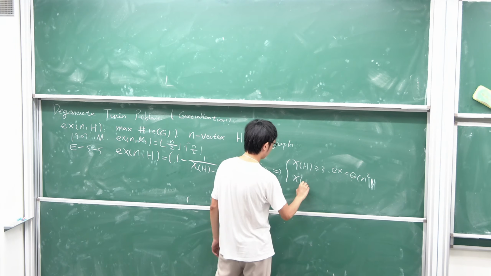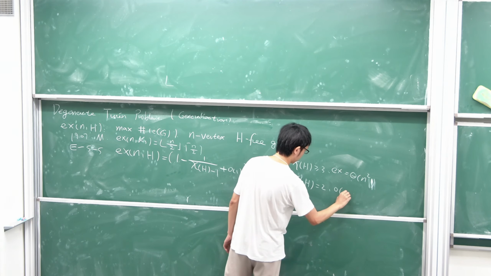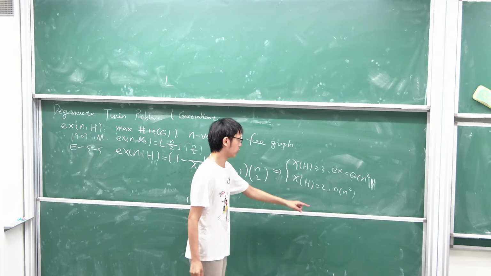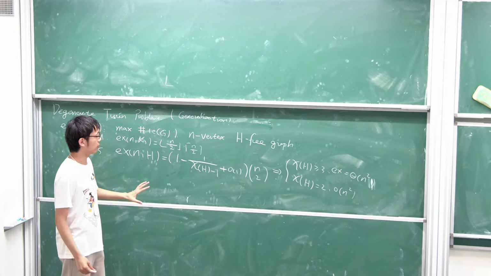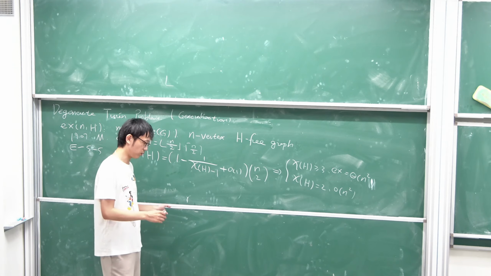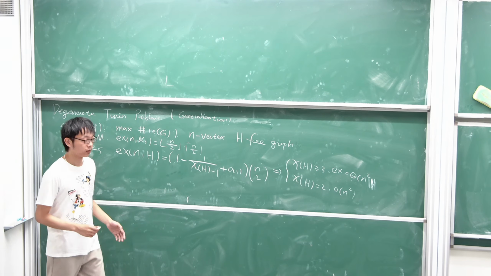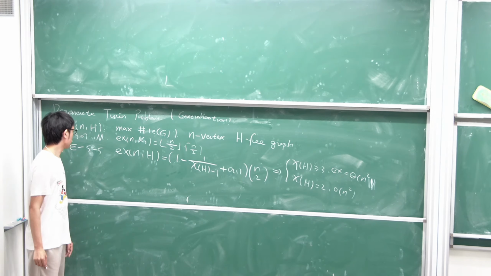But if χ(H) equals 2, then we only know that it is little o of n squared. So it's very important to study the Turán number of bipartite graphs, whose chromatic number is 2.